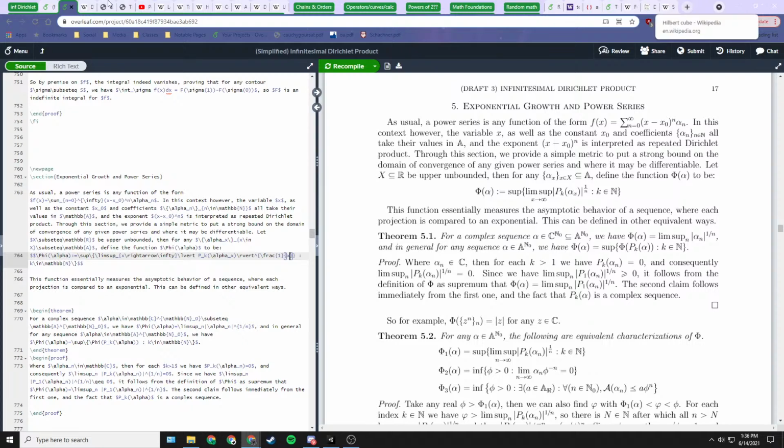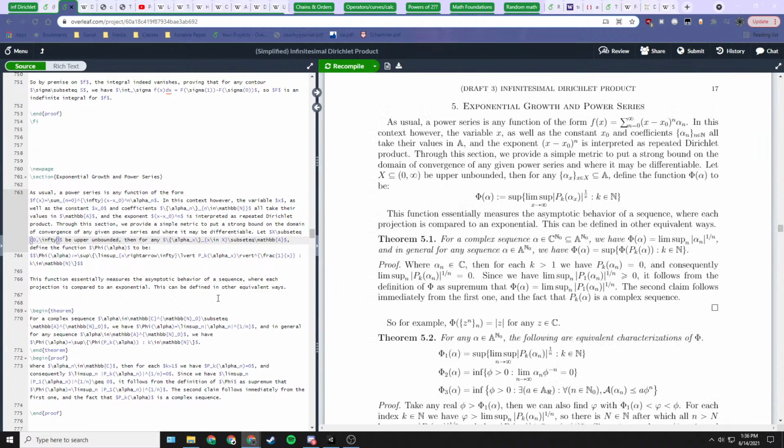We can also maybe modify this: instead of X being a subset of the reals, we can say X is a subset of 0 to infinity, which is, I guess, real plus, and we can just say unbounded instead of upper unbounded.